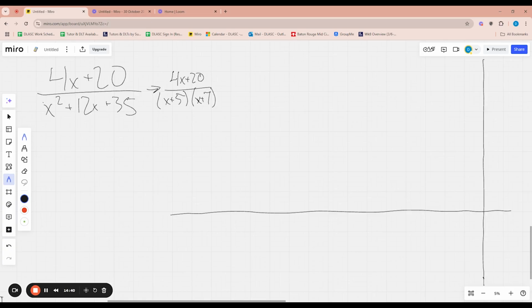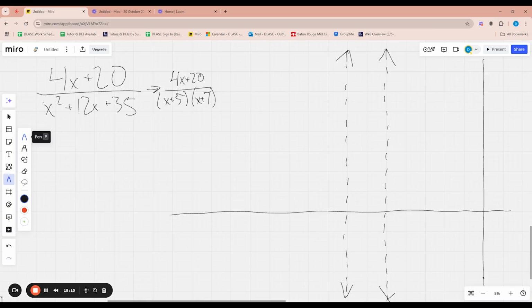So at x equals -5, so we'll do 1, 2, 3, 4, 5. We'll do an asymptote right there. And at x equals -7, 6, 7, we'll do an asymptote right there. And our graph will never touch that.